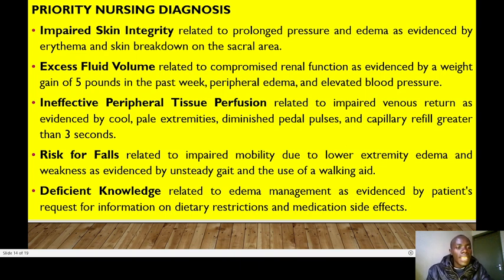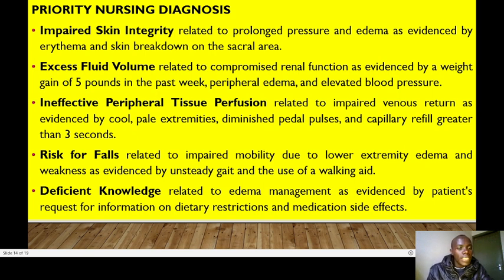We can also have ineffective peripheral tissue perfusion related to impaired venous return as evidenced by cool, pale extremities, diminished pedal pulses, and capillary refill greater than 3 seconds.